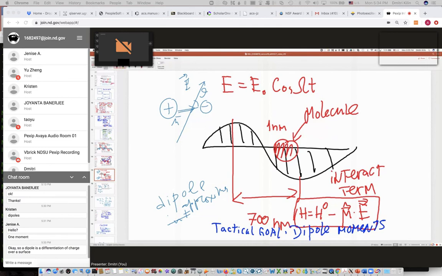As Joanta defined, concentration of positive and concentration of negative, I would say center of positive and center of negative charge, like two equally distributed positive and negative ends.